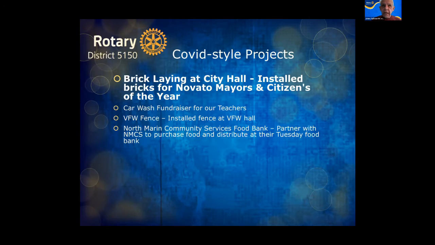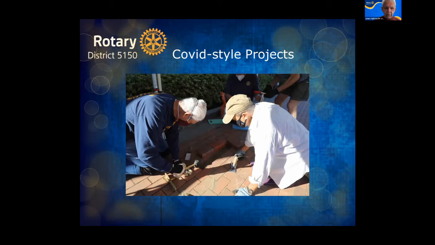I've got some COVID-style projects. One of the things we've done recently is the Brick Lane project at our city hall, which uses engraved bricks. We were just able to participate in that program yesterday, installing engraved bricks. Each of the 3 Rotary clubs in Novato purchased a brick for every past president.